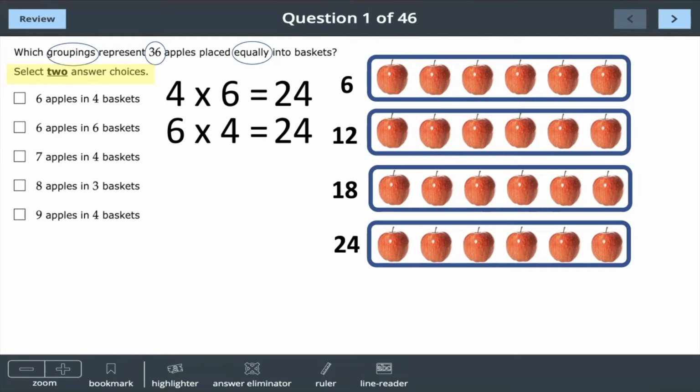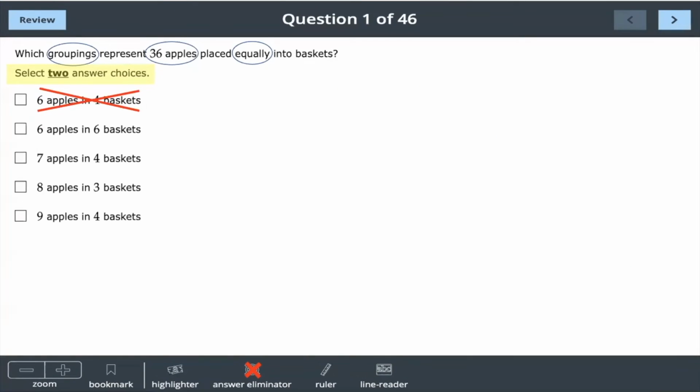So we will use our answer eliminator below and eliminate the first answer choice. Let's look at the second answer choice. 6 apples in 6 baskets.